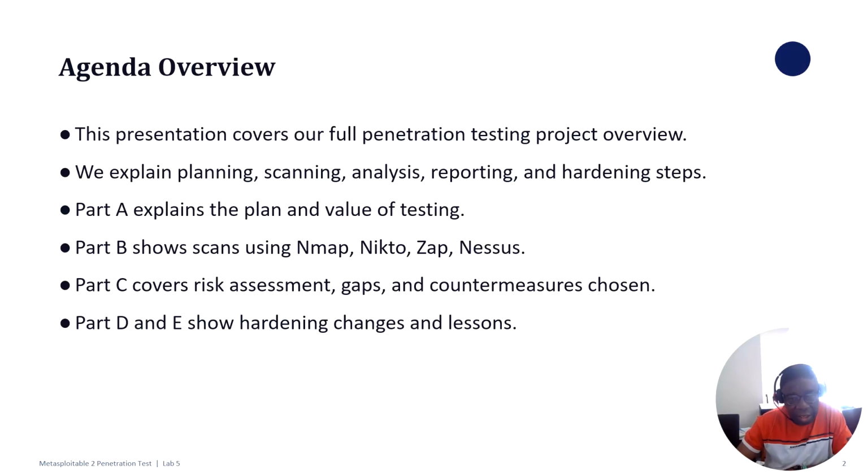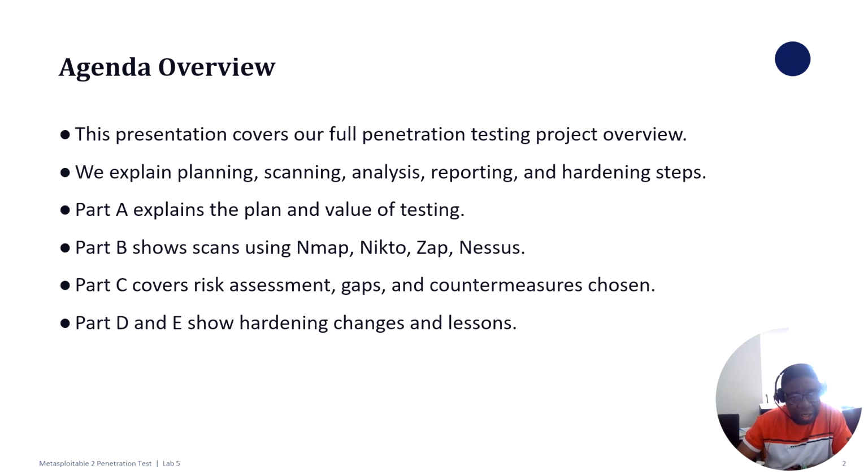Here's a quick roadmap of what I will cover today. It's split into Part A, where I explain how I planned and organized this penetration test, why testing like this matters to an organization, and how I handled it if something went wrong along the way.